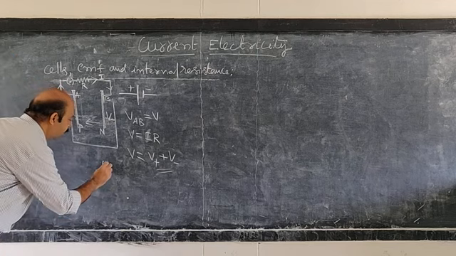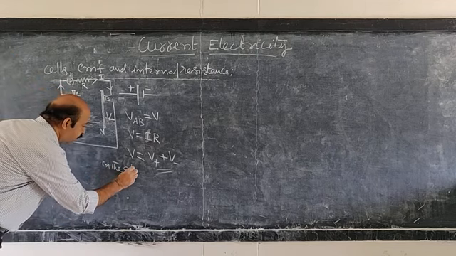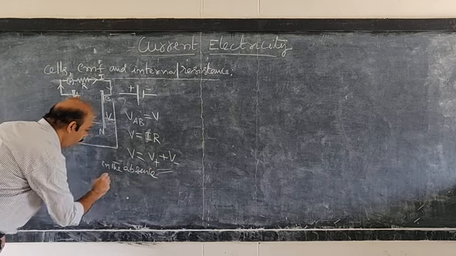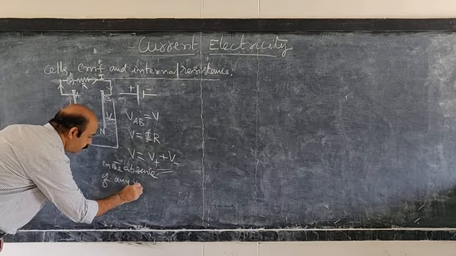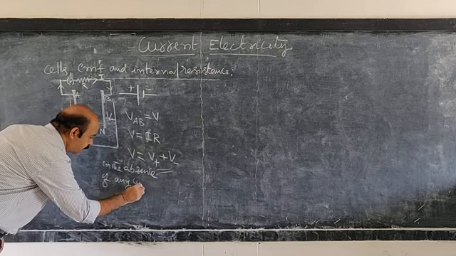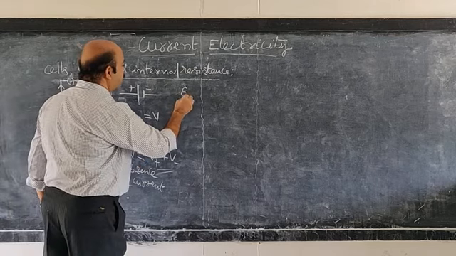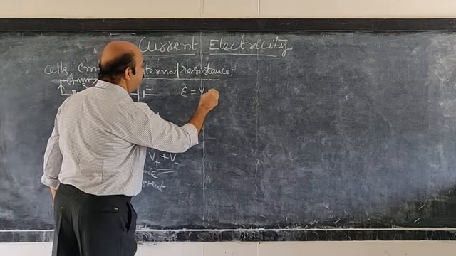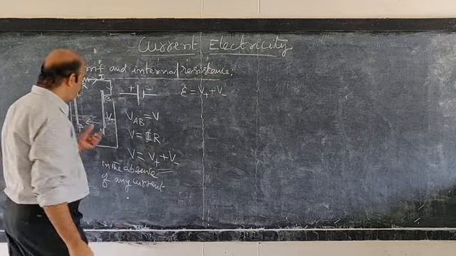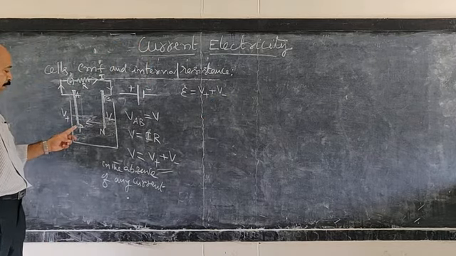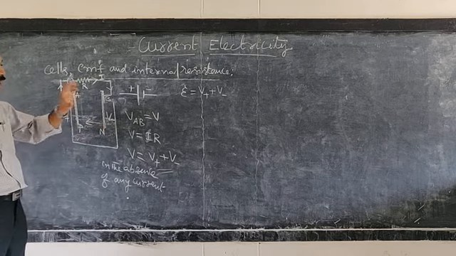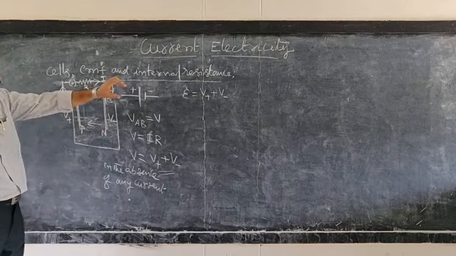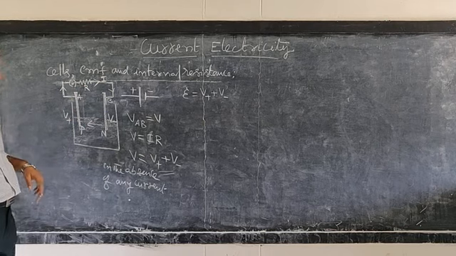So this quantity, V plus and V minus, the total potential difference between P and the electrolyte and N and the electrolyte, is called the EMF of the cell.